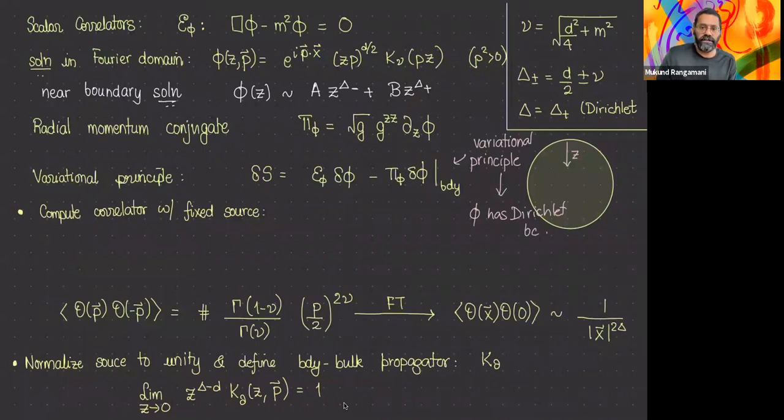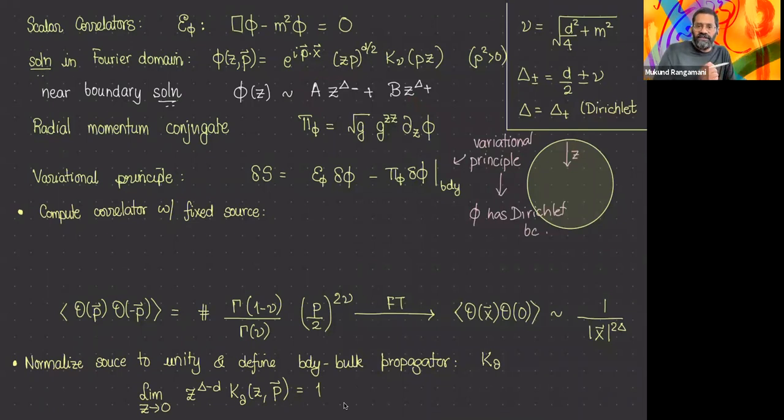So going back to Stefano's question, the statement really is that the Dirichlet boundary condition here is picking out for us the freezing of this slow fall-off mode, and therefore saying that the conformal dimension is delta plus.